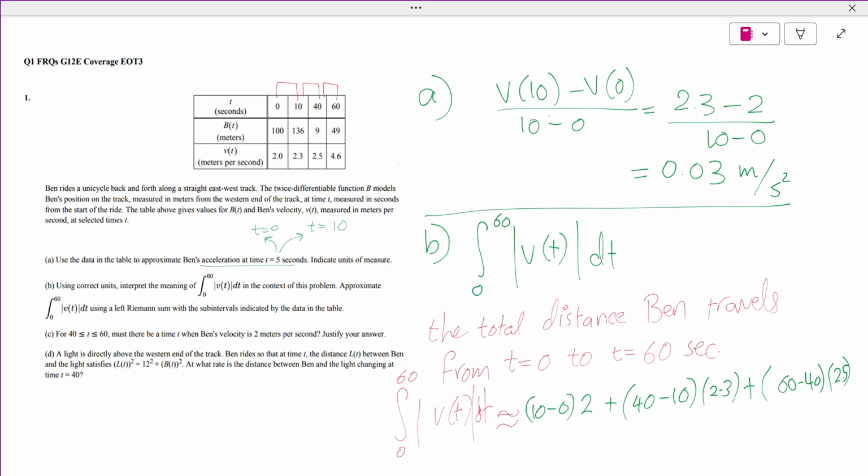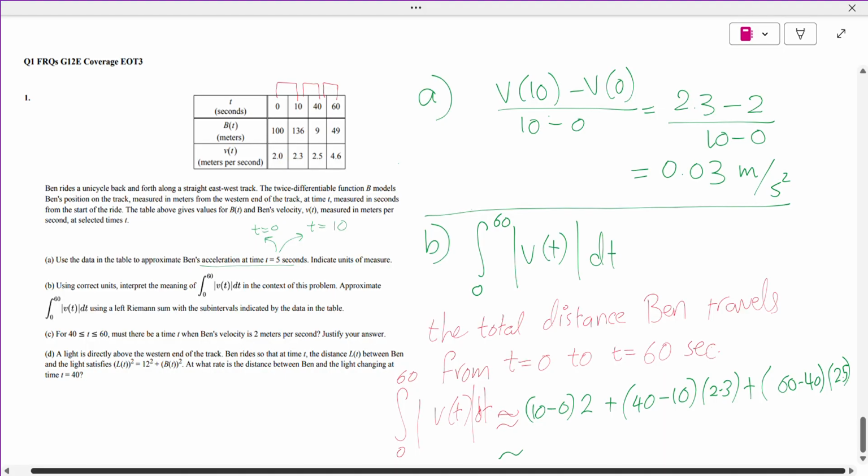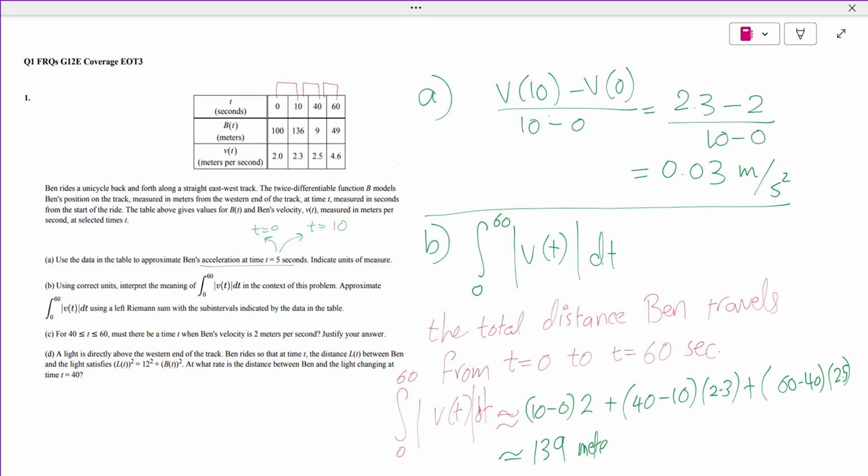So this should be 139 meters. This is the total distance traveled from 0 to 60.